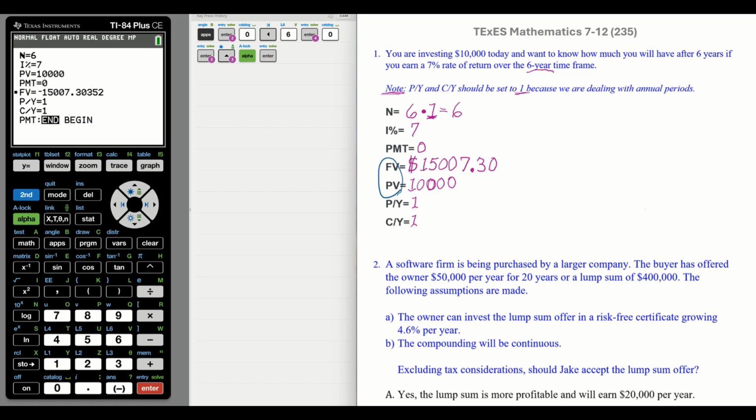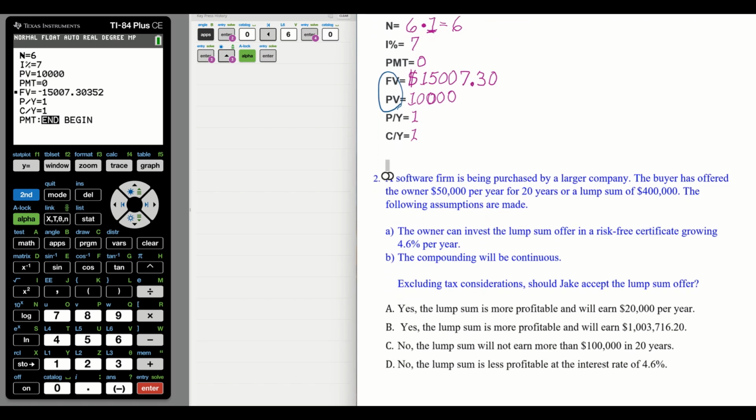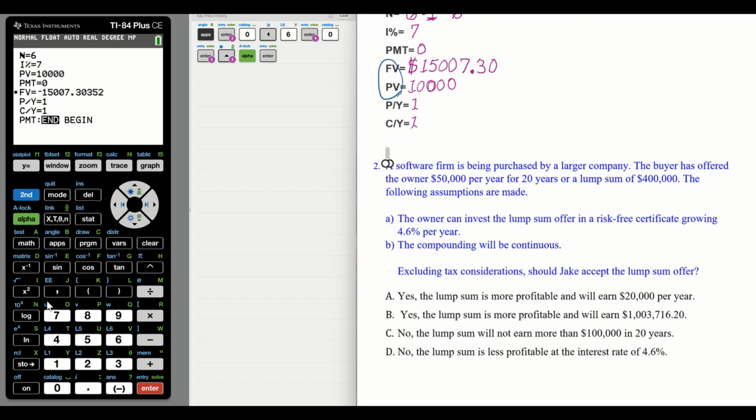Okay, so let's go to number two. That's a pretty good word problem. It says a software firm is being purchased by a large company. The buyer has offered the owner $50,000 per year for 20 years or a lump sum of $400,000 right up front.